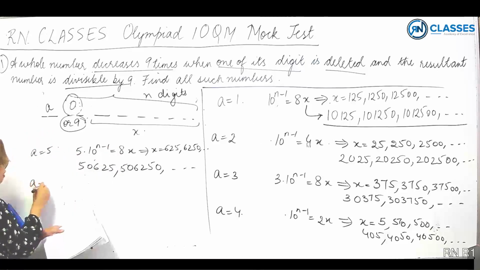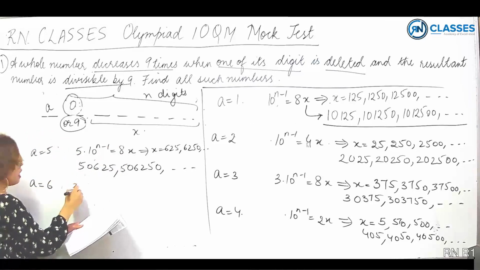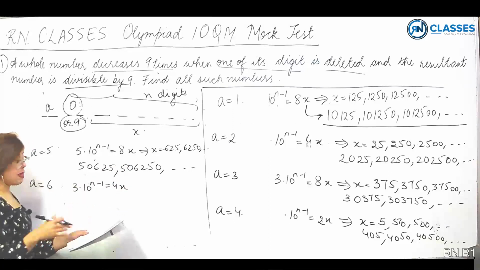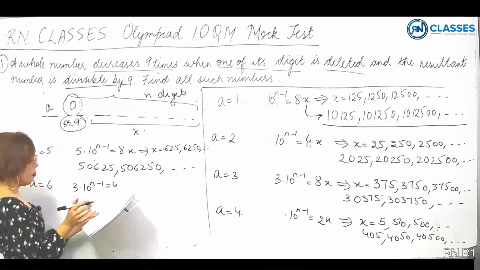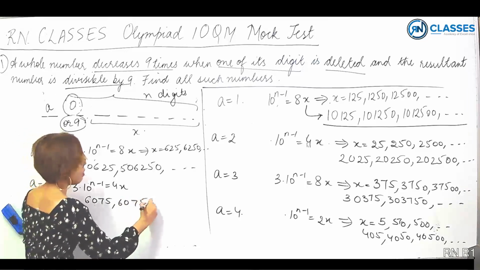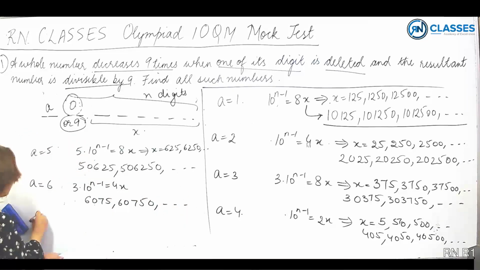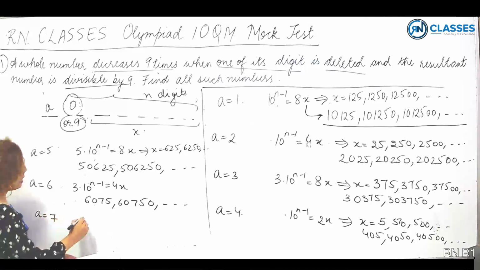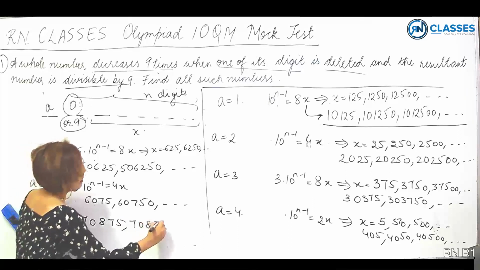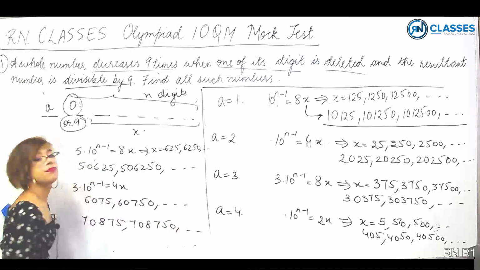Then a is equal to 6. You will get 3 into 10 raised to n minus 1 equal to 4x. x will turn out to be 75, 750, and so on. My number would turn out to be 6075, 60750, and so on. Then a is equal to 7. I am telling you directly. The numbers are 70875, 708750, and so on.